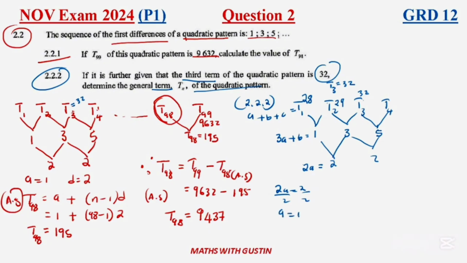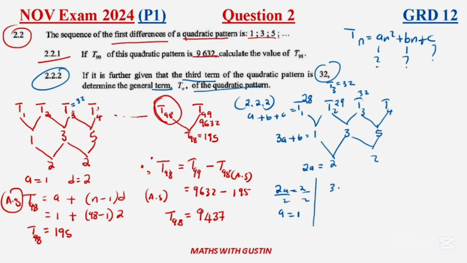Oh, I'm forgetting something, guys. The quadratic formula generally is supposed to be Tn is equal to an squared plus bn plus c. This is what we're looking for basically. So we need to look for a, we need to look for b, we need to look for c as well. All right, so we already got a there.